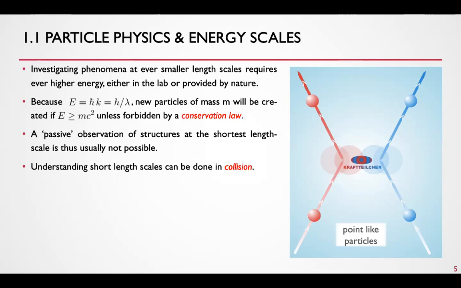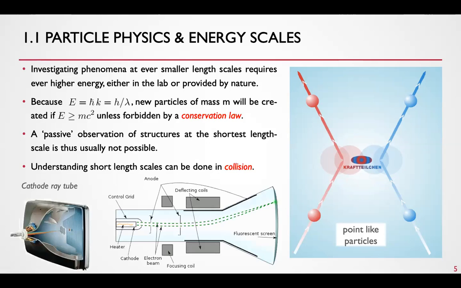It's above the highest energy scales. It's always a collision. We think of this usually that we have some point-like particles which exchange force carriers. That's the concept. That's the idea of particle interactions that is sufficient.